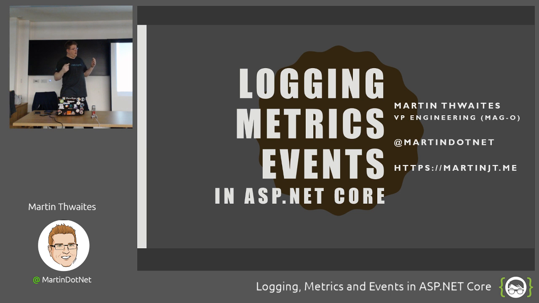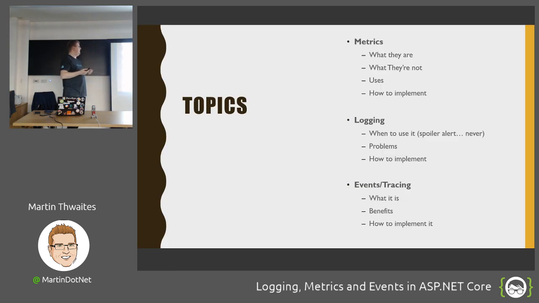So what people don't realize is how easy it is to do. How easy it is to add a few lines of code and be able to get some really interesting information out of your application. So there are three distinct things, and we're going to tackle them one by one. Just as a bit of agenda, because I'm a manager, so I do meetings and they have to have agendas: metrics, logging, events and tracing.